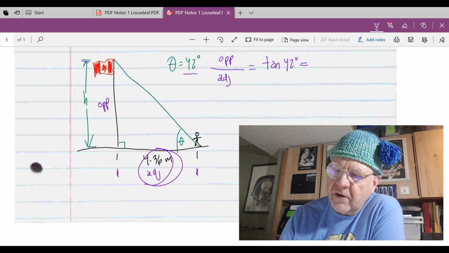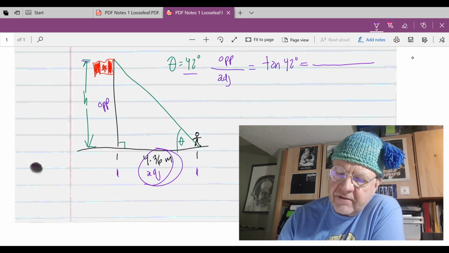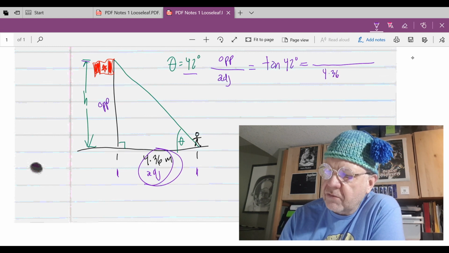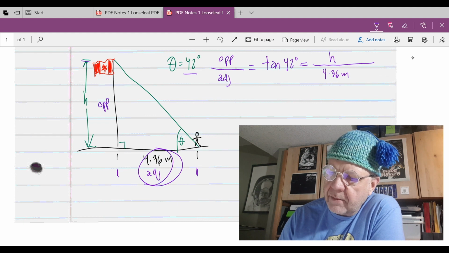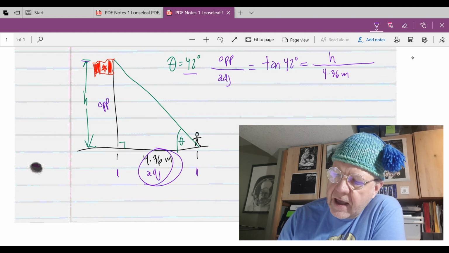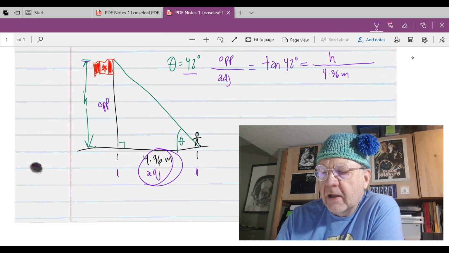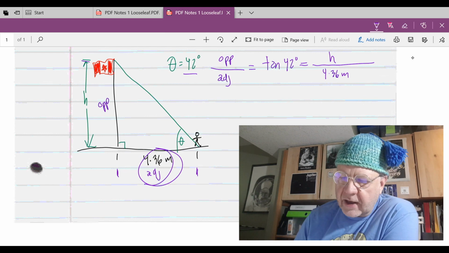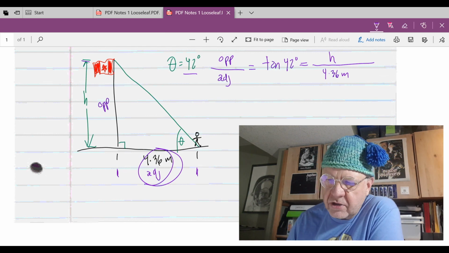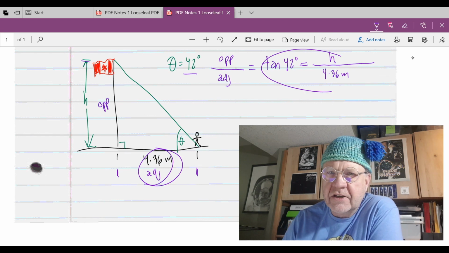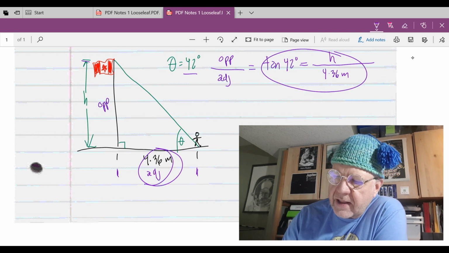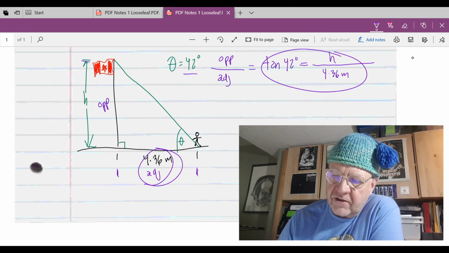We have a little bit more information here. We know that the adjacent side is 4.36, so that goes in the bottom, meters, and h is our unknown, okay? So we set up the relationship between the height and the adjacent side, which we can measure. We've measured the angle of elevation to the tip top of the flagpole, and now all we got to do is sort out this mess.